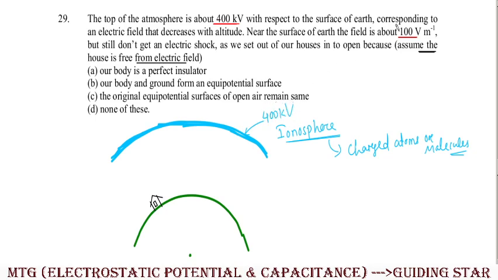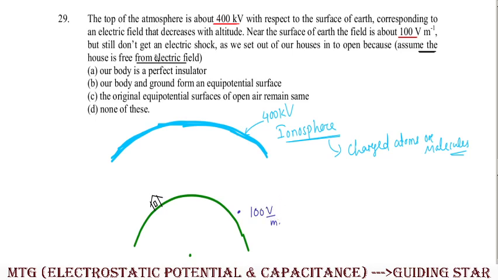Clear? Okay. Corresponding to that, the electric field decreases with altitude. Near the surface of Earth, not on the surface but near it, at this particular point, the electric field is about 100 volt per meter.